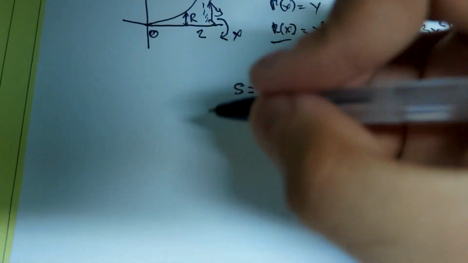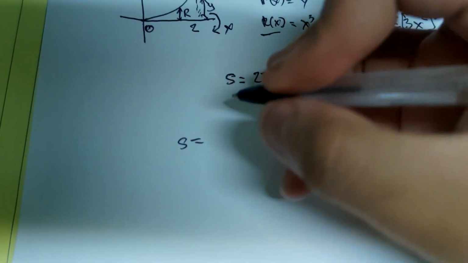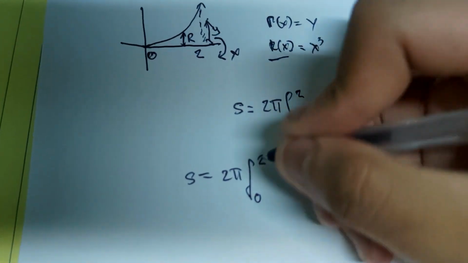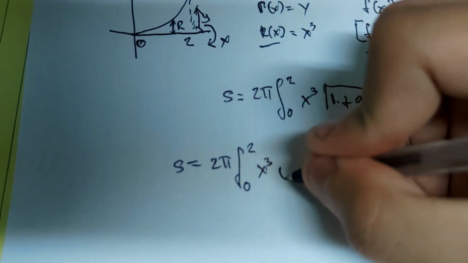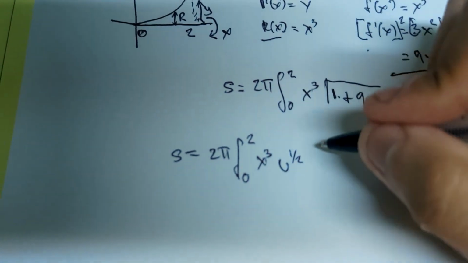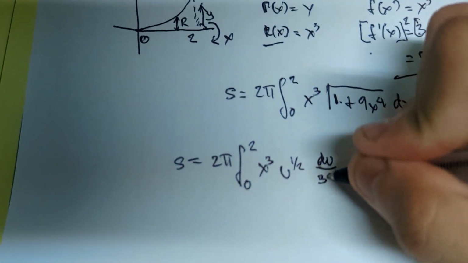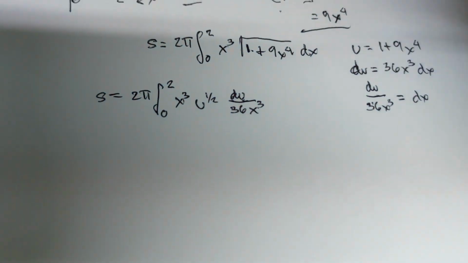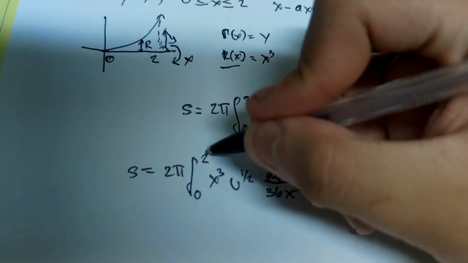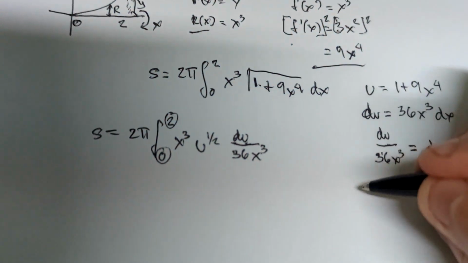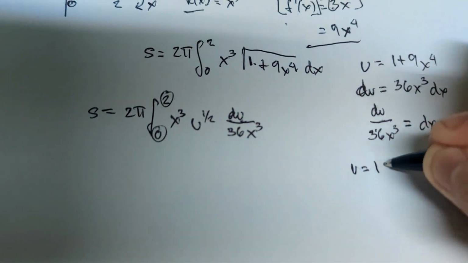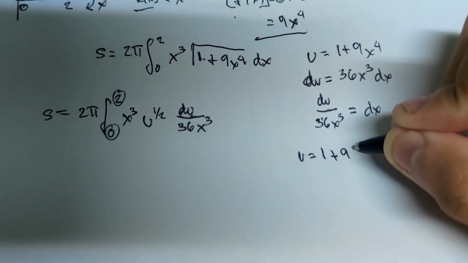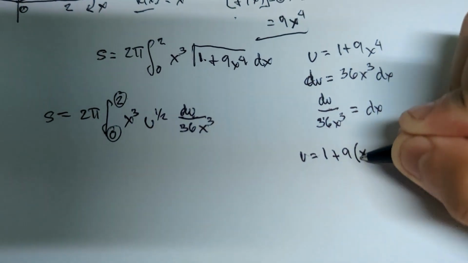This will become s equals 2 pi integral from 0 to 2 of x cubed times u raised to 1/2 du over 36x cubed. And then we can use our limits here. So u is equal to 1 plus 9x to the 4, where x will be 0.